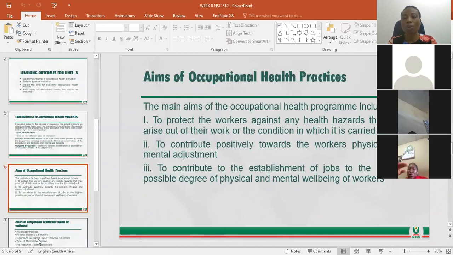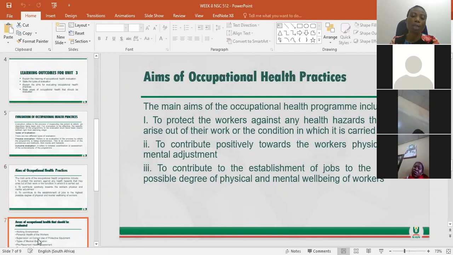Part of the occupational health practices is to help these employees adjust, not just physically, but also mentally, to the work environment. And lastly, to contribute to the establishment and maintenance of the highest possible degree of physical and mental well-being of the workers.